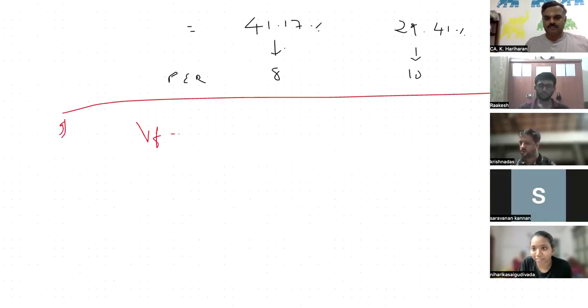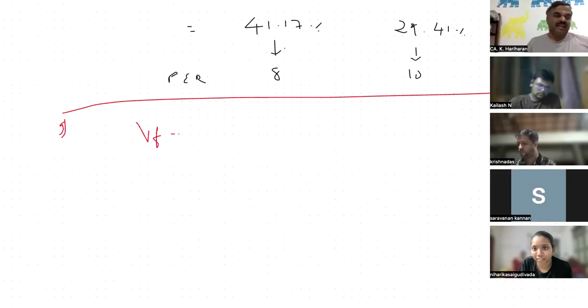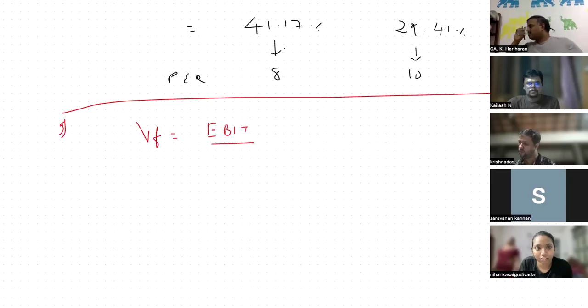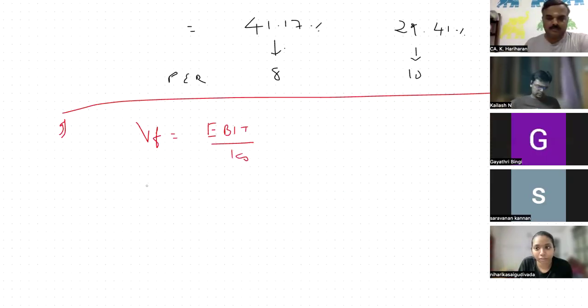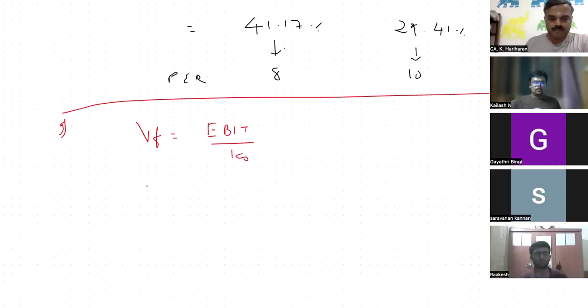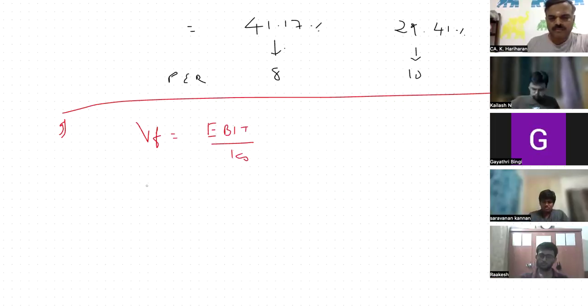The value of the firm given in this question is total 1 crore 20 lakhs. EBIT is 21,60,000.